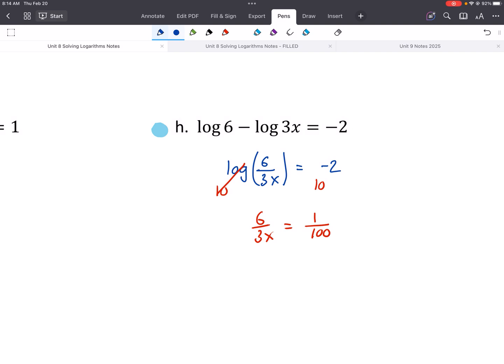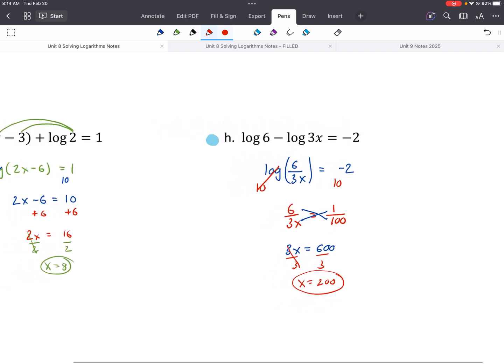You could do it differently if you'd like, but when we cross multiply, we end up multiplying across like that. So we would get 3x equals 600. And then we would divide. So cross multiply, divide. Okay. Any questions on that? Come and let me know.